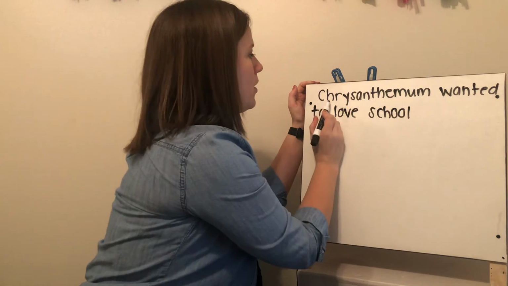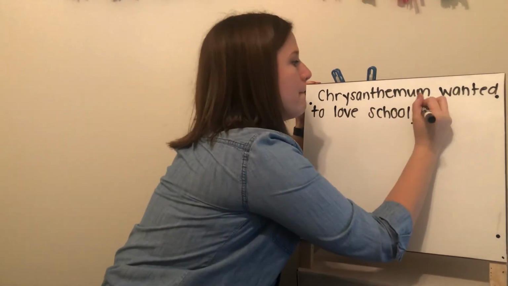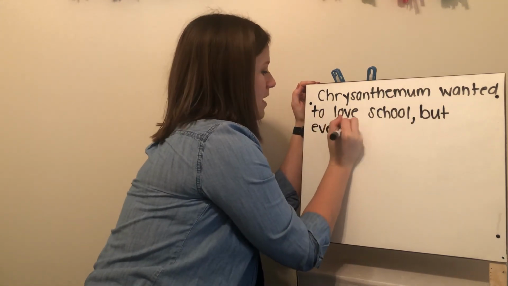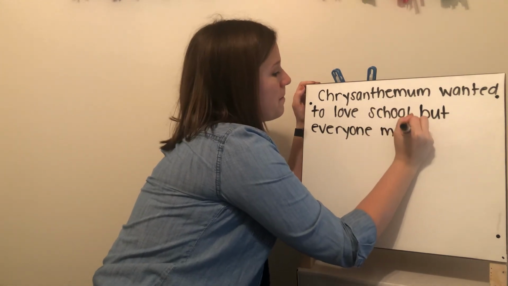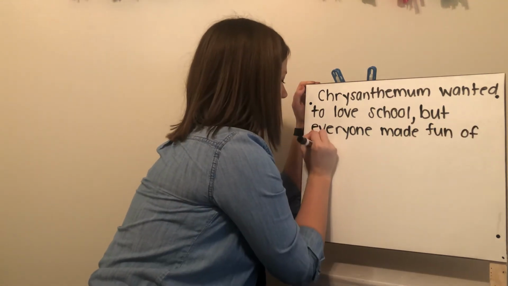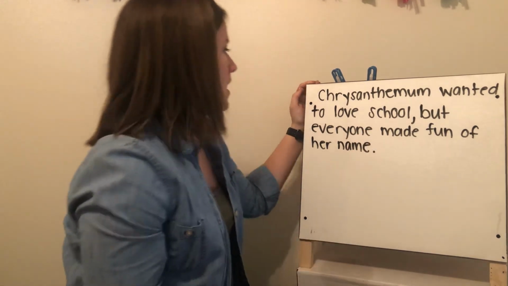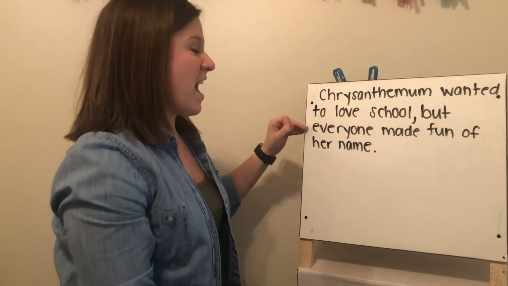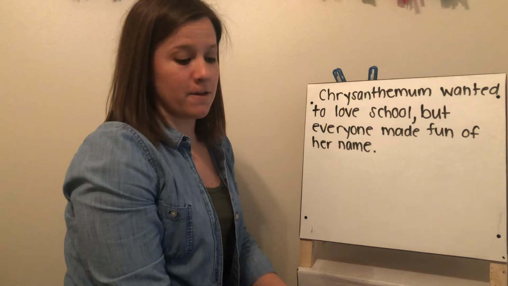So I already have my somebody and what she wanted, comma, but everyone made fun of her name, period. So I have my somebody, what she wanted, and that conflict. So Chrysanthemum wanted to love school, but everyone made fun of her name.